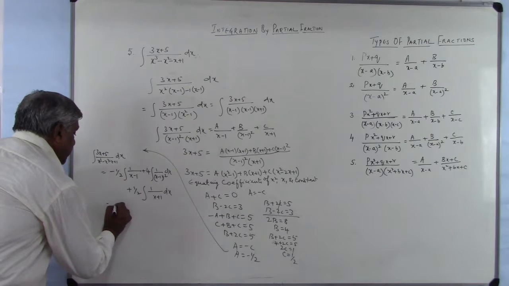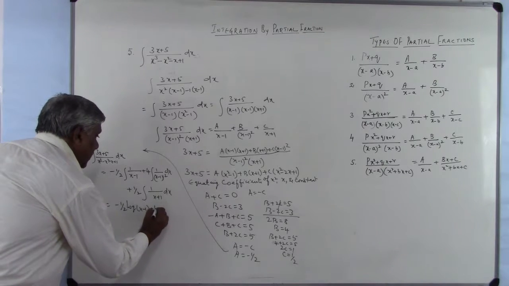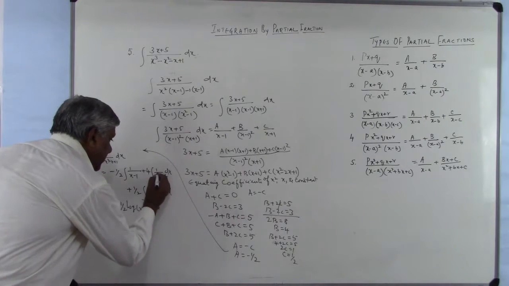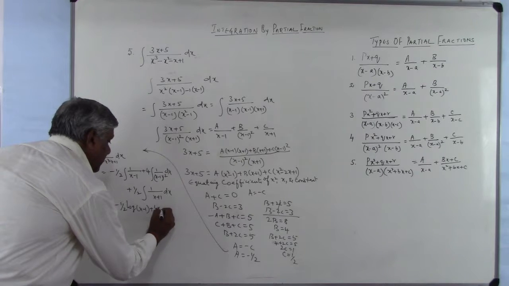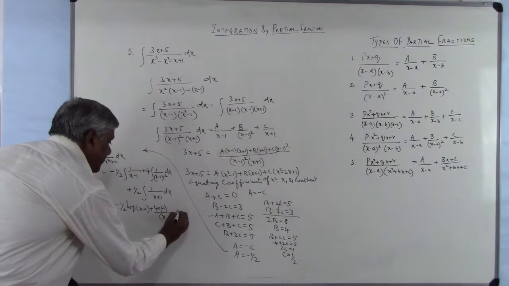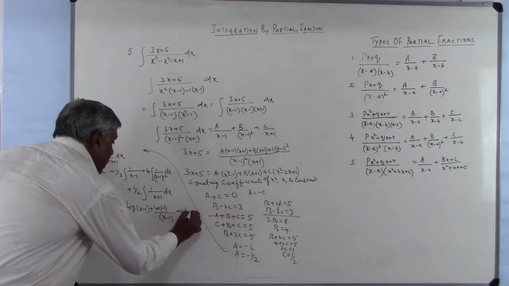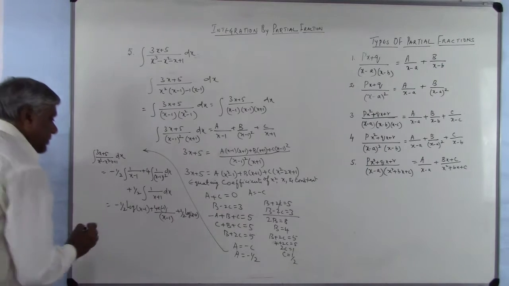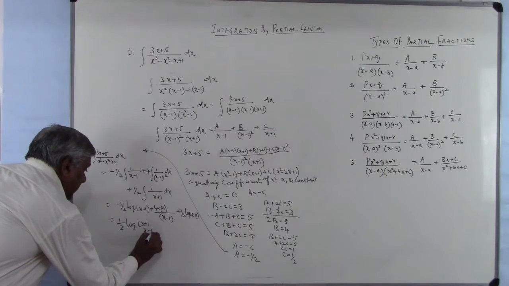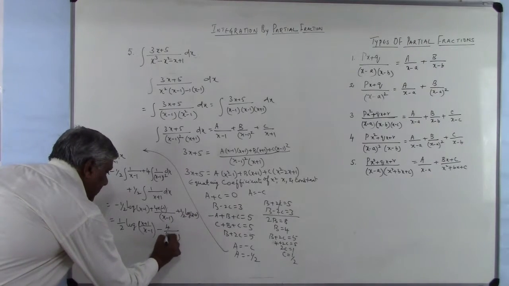Therefore, it is minus half log of x minus 1 plus 4 into minus 1 divided by x minus 1 plus half log x plus 1, or this is equal to half of log x plus 1 by x minus 1 minus 4 by x minus 1 plus c.